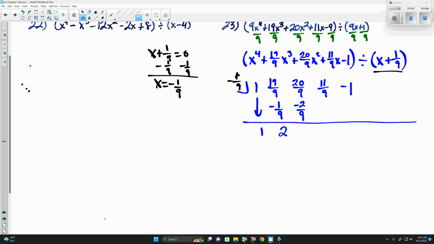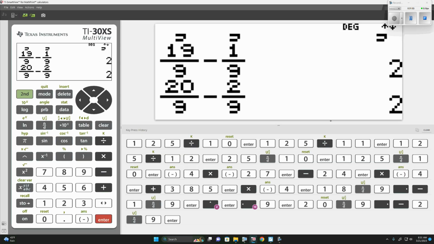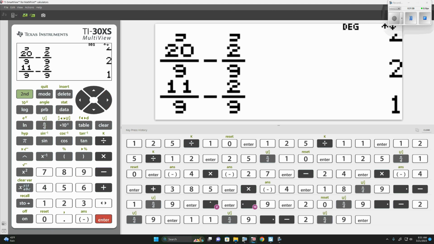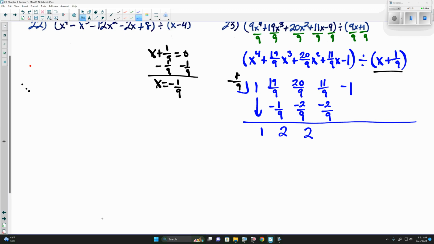interestingly enough, 2. Negative 1/9 times 2 is negative 2/9. Again, we can say 11/9 minus 2/9 is 1.